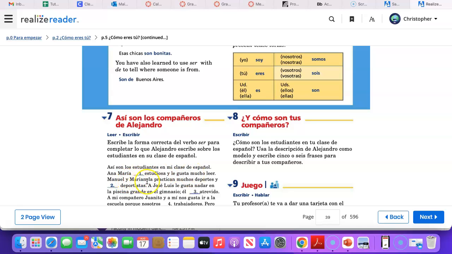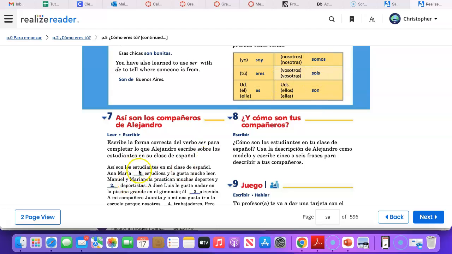Manuel y Marianela practican muchos deportes y blank deportistas. Now our subject is Manuel y Marianela. That's a plural subject, yeah? 2 people. So our options are now only somos and son. Somos would be if we're included somehow, but we're not.